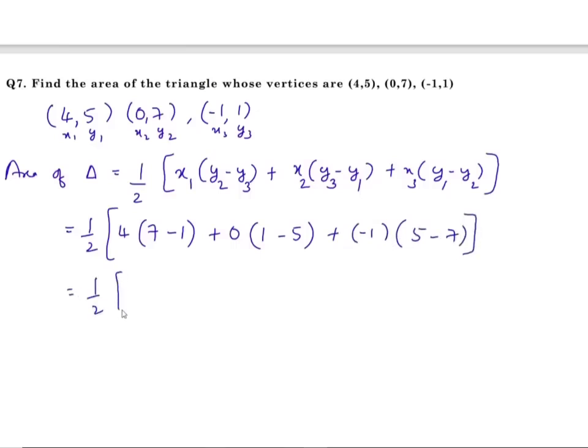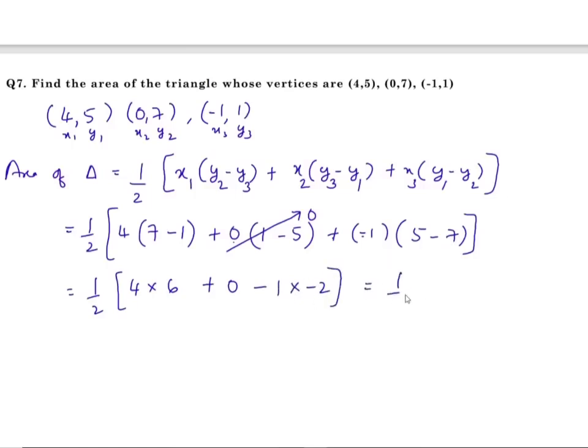Half into 4 into 7 minus 1 is 6. Now 0 into anything is 0. I'll take this as 0, plus 0, plus into minus, minus 1 into 5 minus 7 is minus 2.